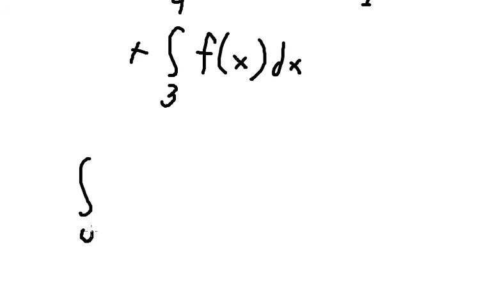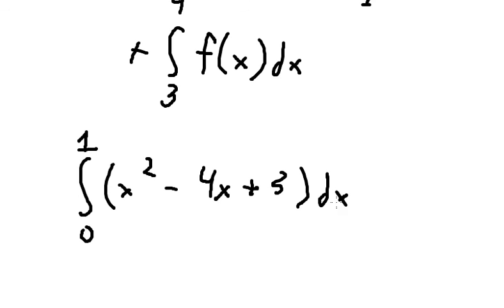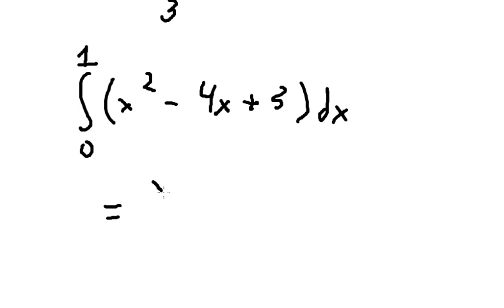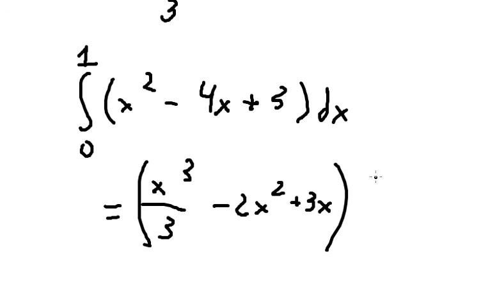So I do only one integration. You can do about order number 2. So this one we got about s to the power of 3 over 3 minus 2s squared plus 3s. And we have the boundary from 0 to number 1.